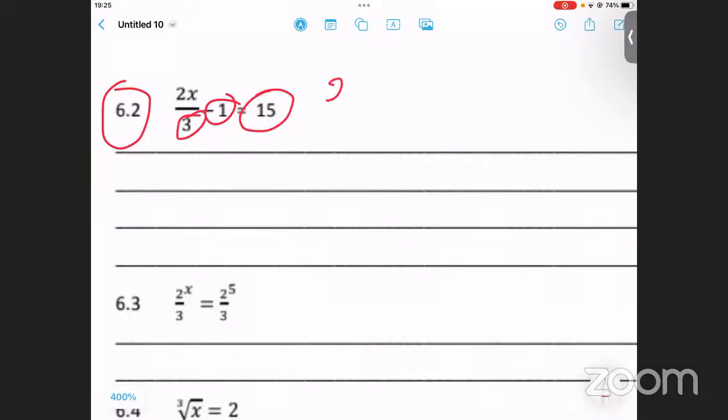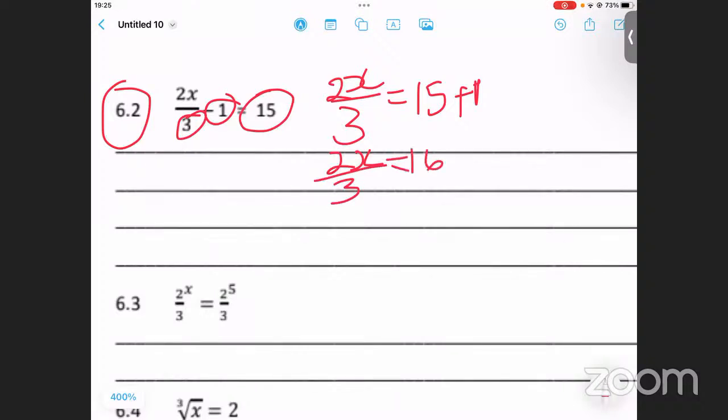So 2x divided by 3 is equal to 15 plus 1. It's a plus 1 because it jumps an equal sign. So we're having 2x divided by 3 is equal to 16. Now, to get rid of this 3, Pabalelo, we're going to multiply both sides with 3.